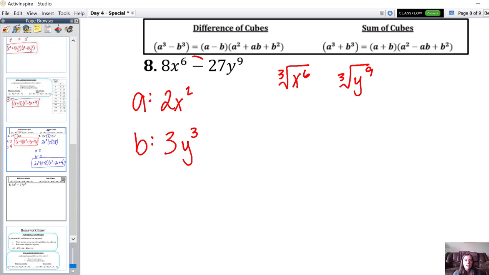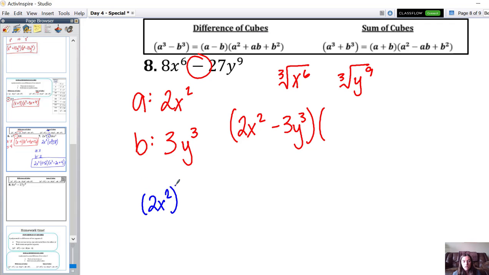Now we're doing a difference of cubes. So our first term is going to be a minus b, which is 2x squared minus 3y cubed. Then we need to figure out what a squared and b squared are. So I need 2x squared, squared. Remember, when we take a power to a power, we multiply those exponents.